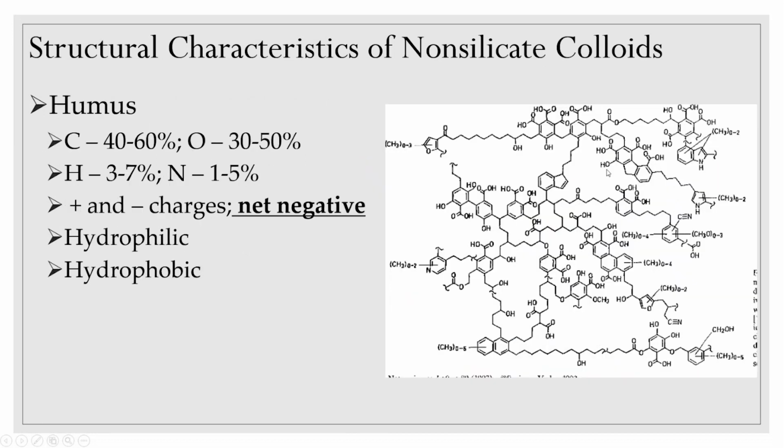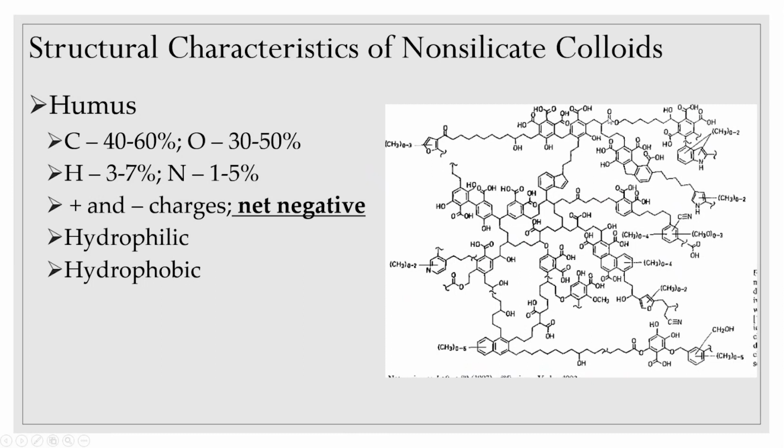All right, so the next one that we're going to talk about is this humus. And so humus, this is organic chemistry. This is one of those molecules. I am not an organic chemist. I do know that these structures take a lot to identify and that these phenolic rings are very difficult to break.